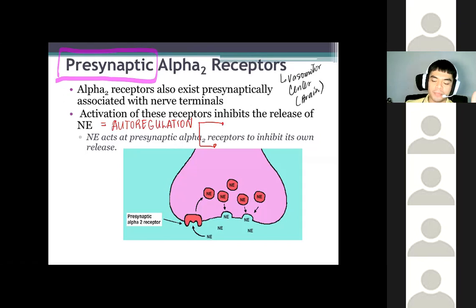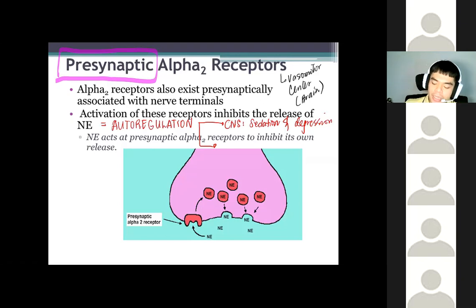So number one, in the brain, ang effects are sedation and also depression. Kaya ang effect nito sa tao ay depressant effect or inaantok.